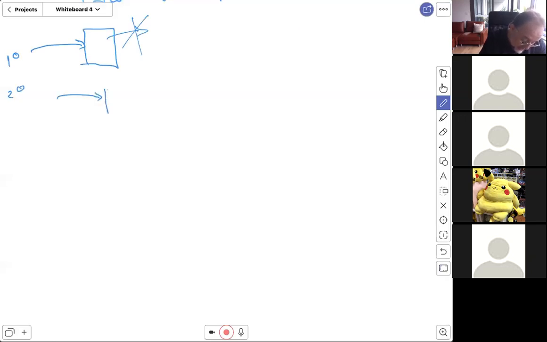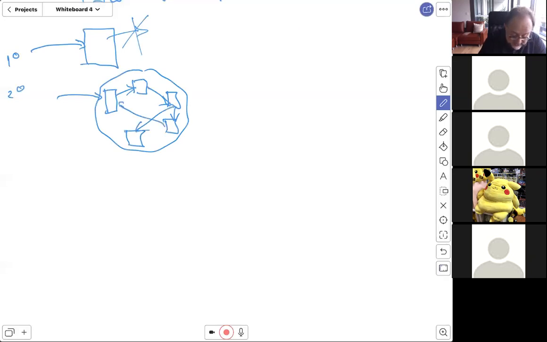You might end up in an island of a group of web pages that have links from one to the other. So the graph of hyperlinks is, say, strongly connected. You can reach any web page from any other web page, but there are no outgoing links.